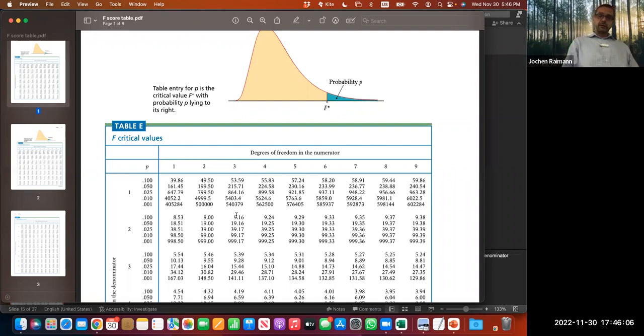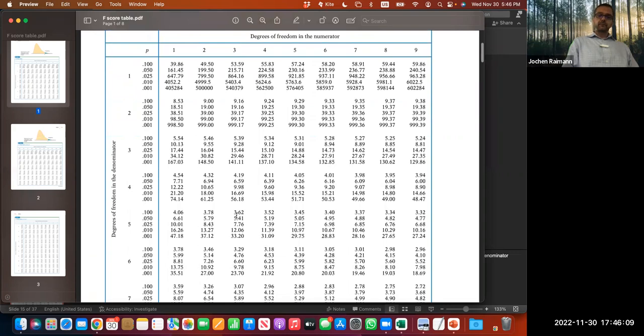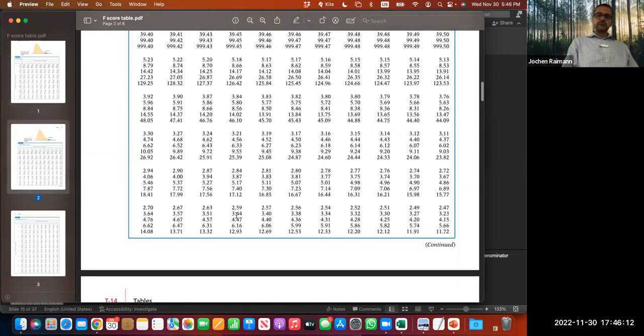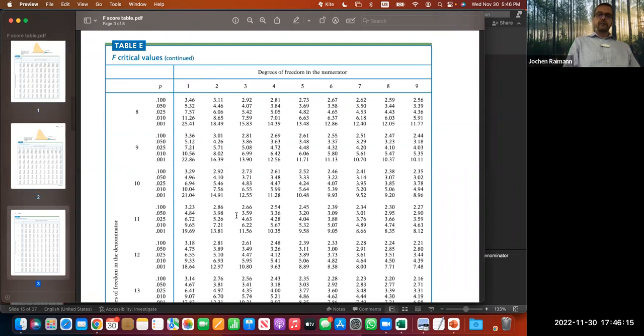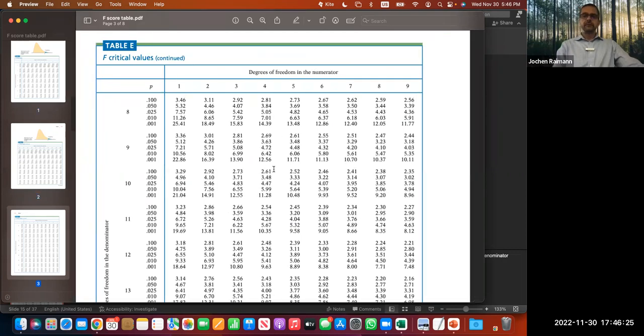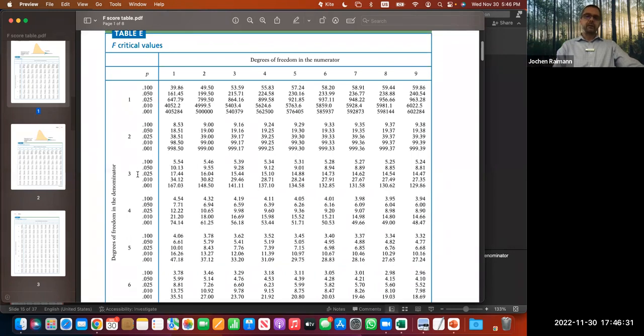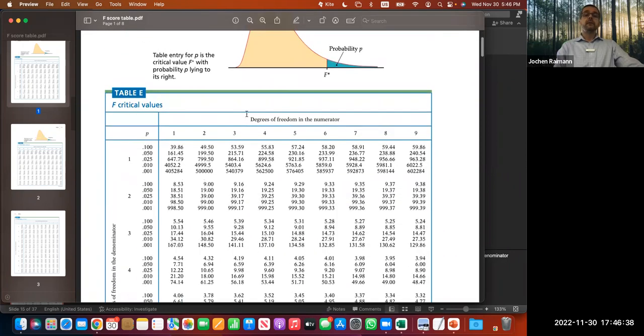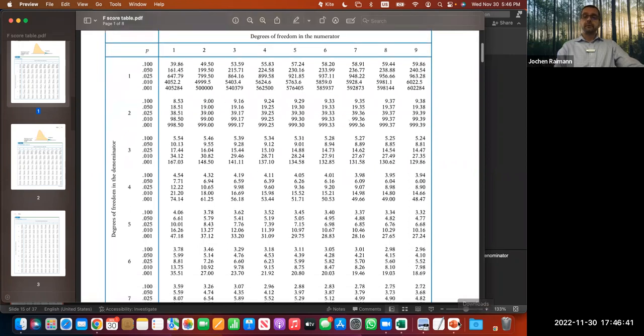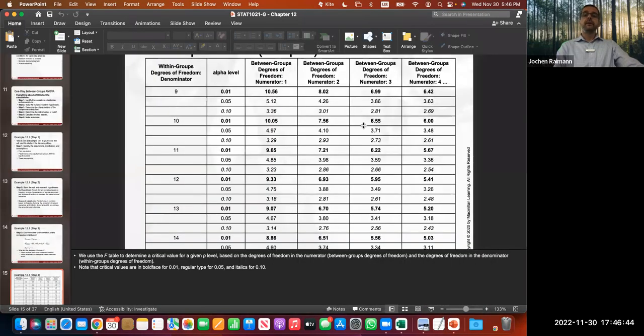Sorry, the within-groups degrees of freedom is the denominator, and we need 3 in the numerator.